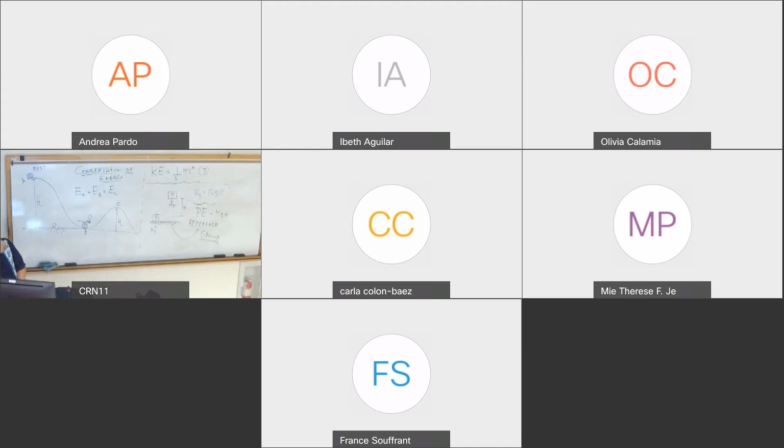So something I want you guys to know is that there is a parameter that we can use in physics, which is called mechanical energy, which is basically that. The mechanical energy of a system is the addition of kinetic plus potential energy. We use that also in heat, thermodynamics, and other branches of physics.